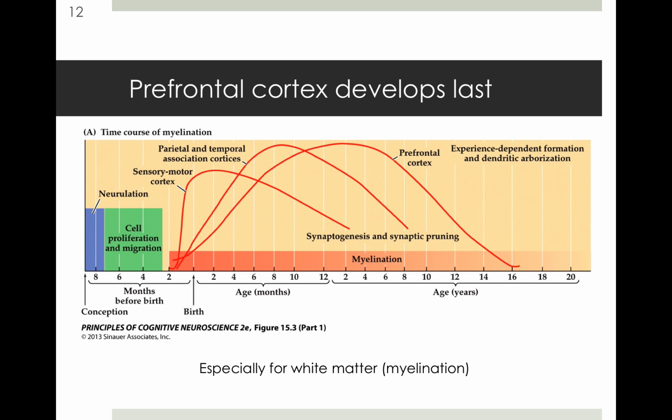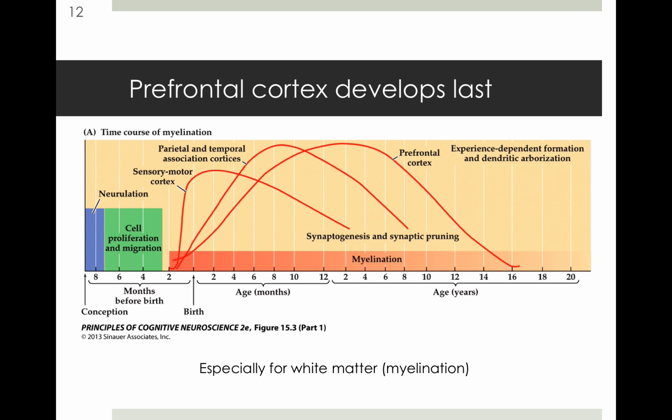If you're looking at neuronal migration, and then also at synaptogenesis, and also at cell death, and then eventually at brain myelination, you can see that the different areas of the brain can develop at different rates.